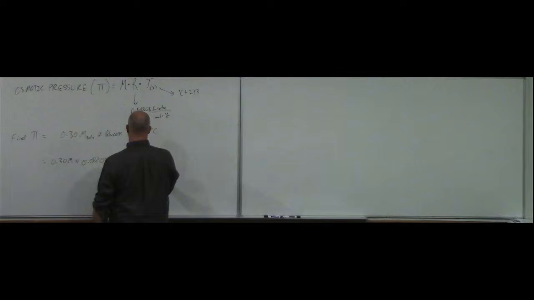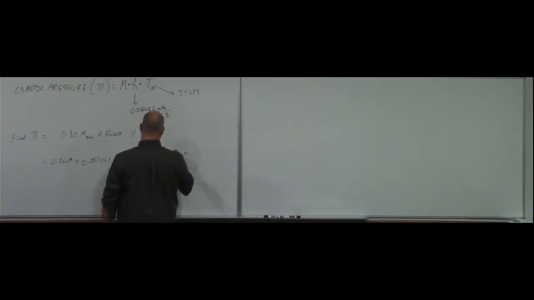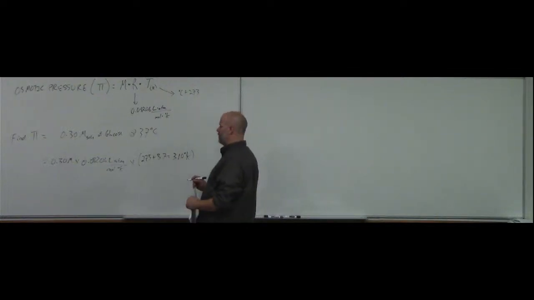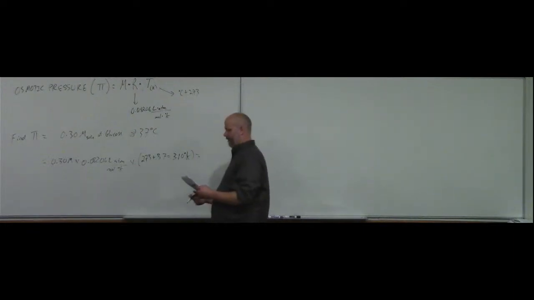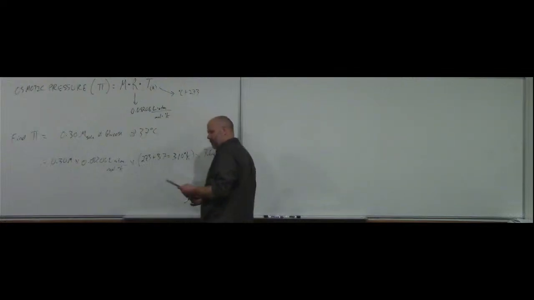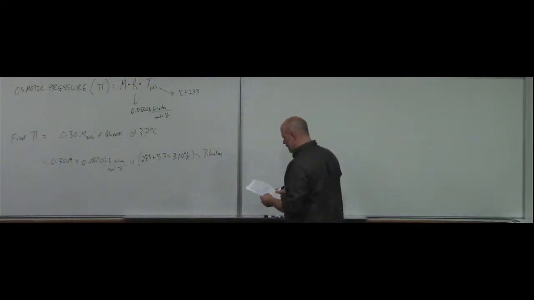So this is 273 plus 37 equals 310. So 310 times 0.3 times 0.08206. I got 7.63158. We'll just go 7.6 atmospheres. Nothing too hard about that.